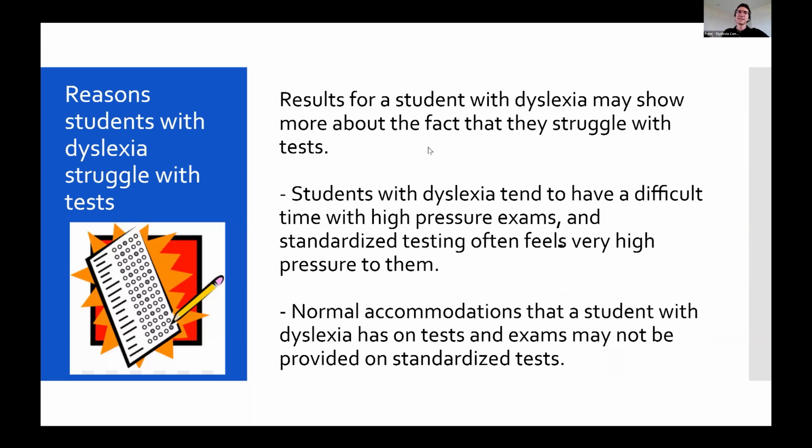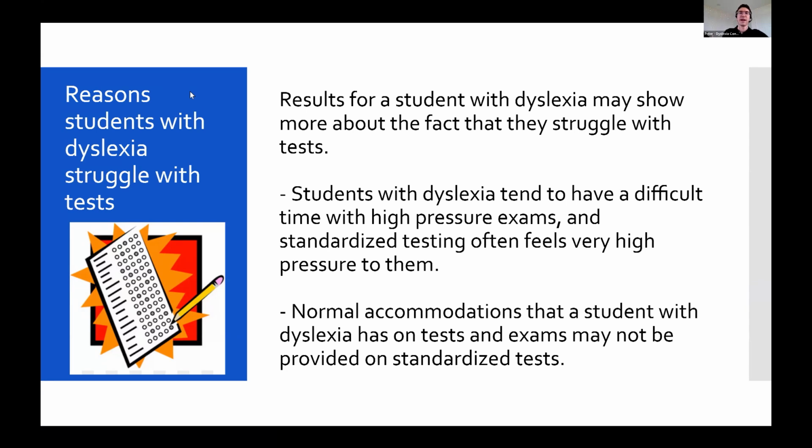Well, there are reasons why students with dyslexia struggle with tests in general. And sometimes testing results for a student with dyslexia may show more about the fact that they struggle with tests than actual info about what their knowledge is and what they've learned so far.